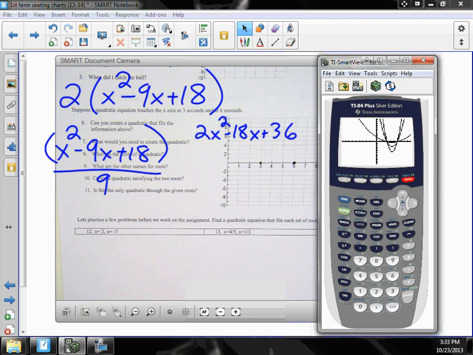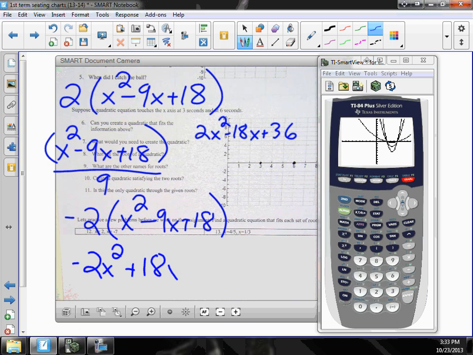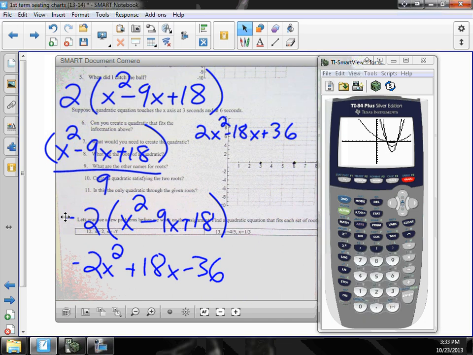If I want a parabola that opens down instead of up, I multiply it by a negative number. So if I did negative 2 times x squared minus 9x plus 18, that creates the quadratic negative 2x squared plus 18x minus 36. Now this quadratic is going to be twice as skinny because I'm multiplying by 2, and it's also going to flip upside down because I made everything negative.